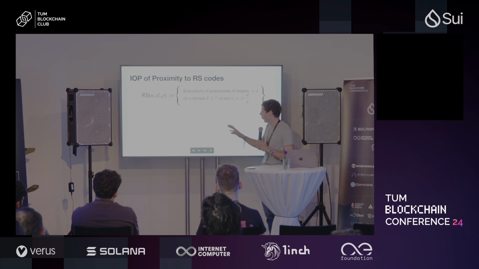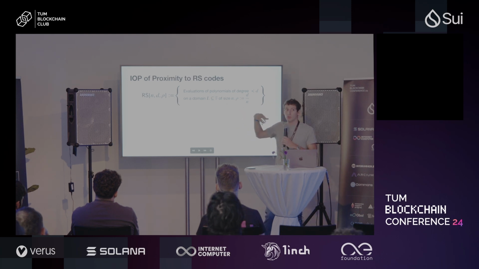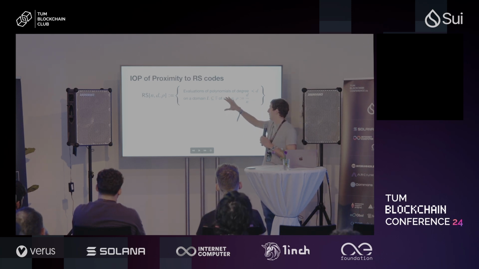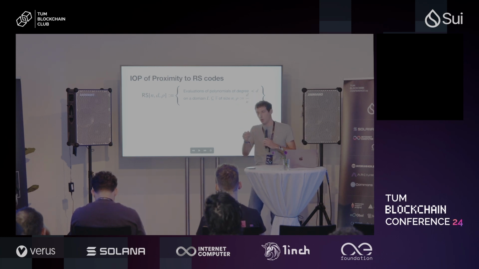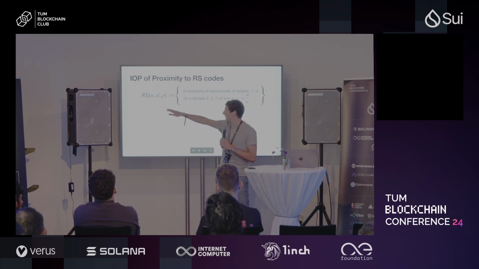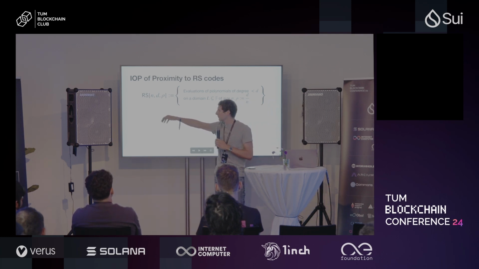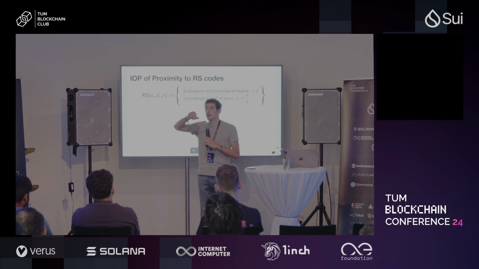So what is a Reed-Solomon code? Well, the way that I do this redundant encoding, I take my polynomial, which will be of degree d, and then I write down all of its evaluations on this domain L of size n. For concreteness, think that d is maybe 2 to the 20, and n is maybe 2 or 4 times bigger than that.